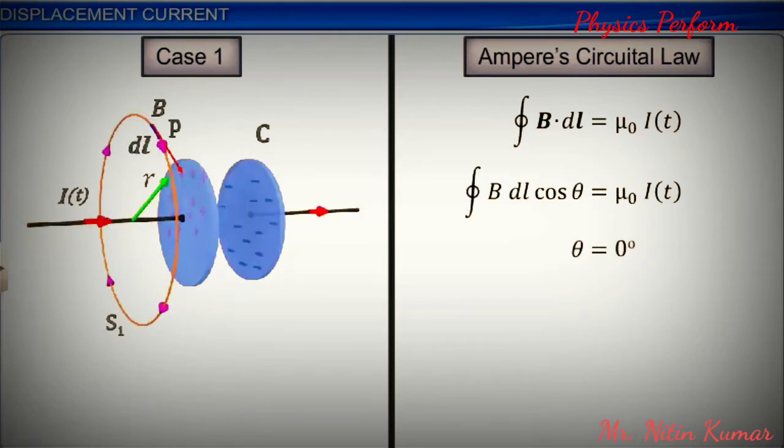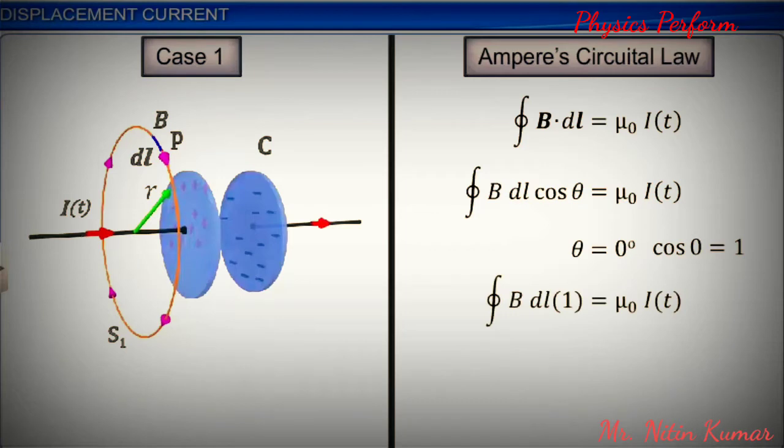Cos 0 is equal to 1. Then, integral over the closed loop B dl is equal to mu naught IT. Let this be equation 1. The circular loop is symmetric with respect to the conducting wire.